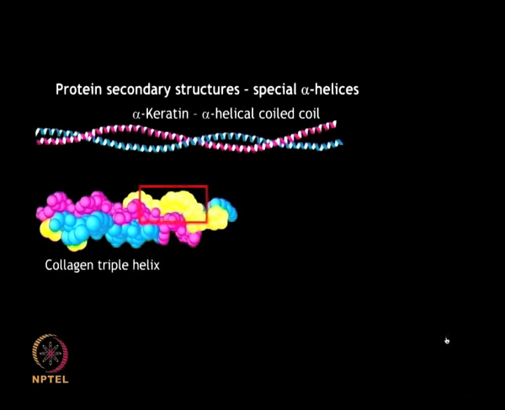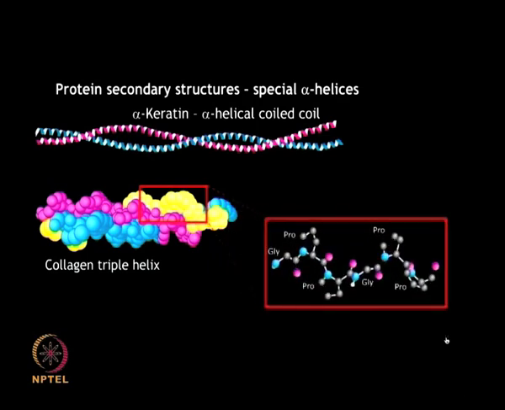Collagen, which is the fibrous component of skin, muscles, etc., consists of three such coiled alpha helices. It has a characteristic recurring amino acid sequence of glycine, proline, hydroxyproline, with glycine appearing at every third residue.